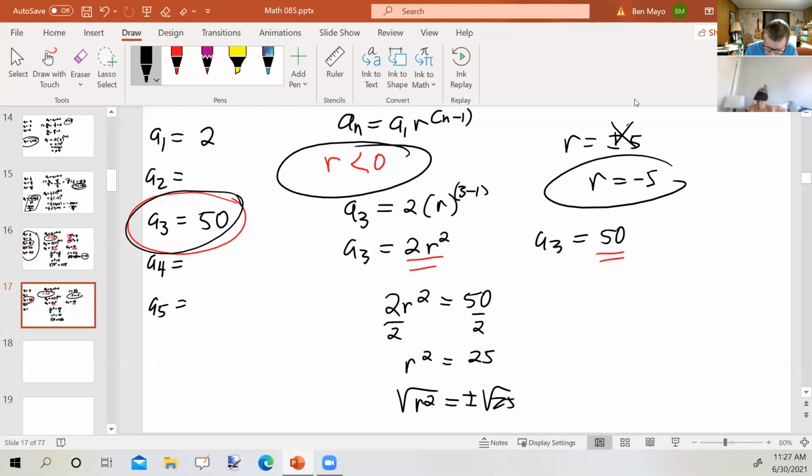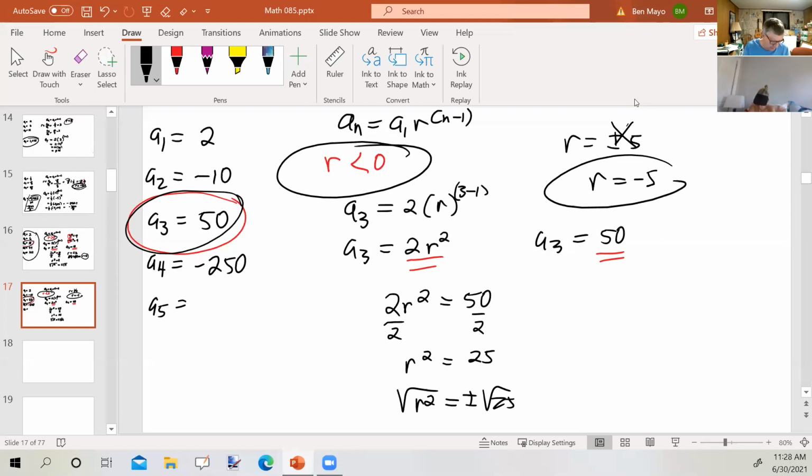So a sub 1, which is 2, times negative 5 would be a sub 2, which is negative 10. Negative 10 times negative 5 would be 50. 50 times negative 5 would be negative 250. And negative 250 times negative 5, let's see, what is that?